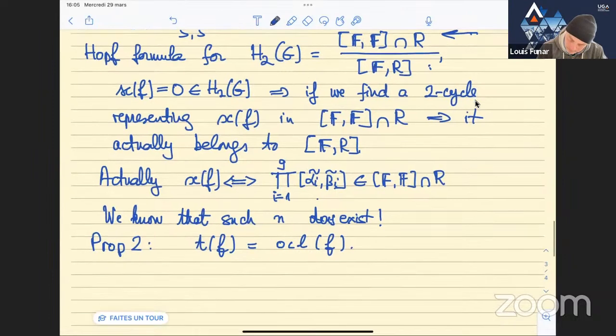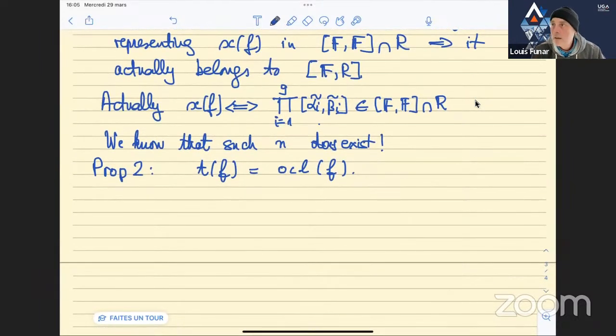I prepared 5 pages and it's almost 1 hour and I didn't go through the first page of my notes. So I think it's better to go further. I'll explain the proof later, but this is not very complicated, just some basic algebra.